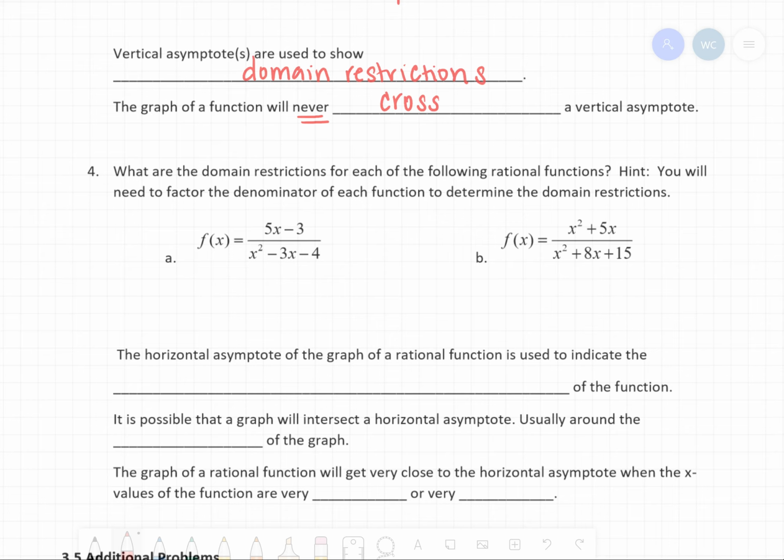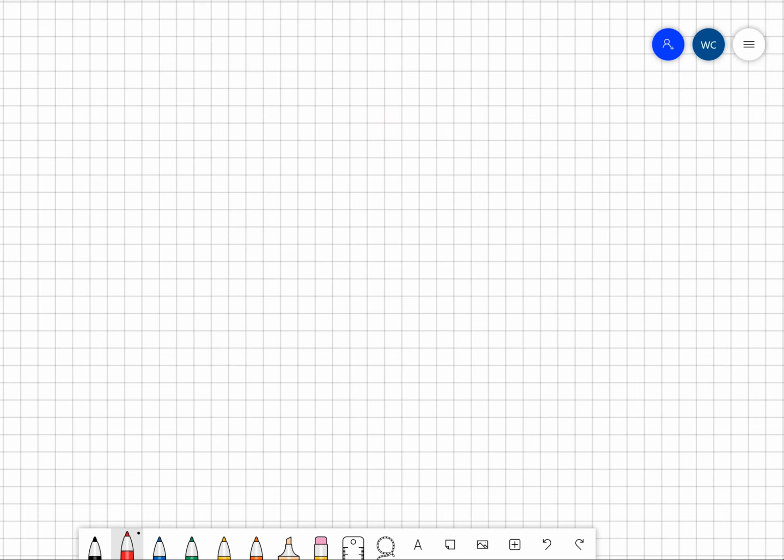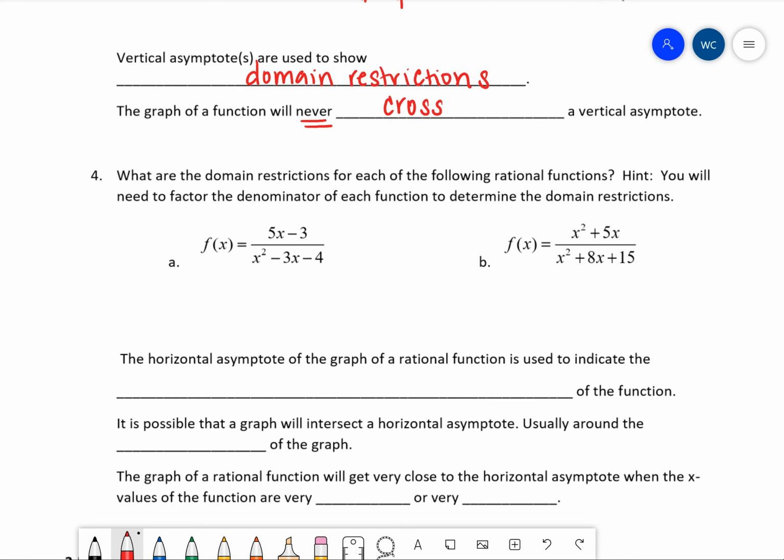Now, looking at 4, it says what are the domain restrictions for each of the following functions? Well, we can figure that out pretty quickly. All we have to do is only pay attention to our denominator. So all we have to do is factor the denominator. In this case, I'm going to say what times what is -4, but adds to be -3. I know that it's going to be x minus 4 and x plus 1.